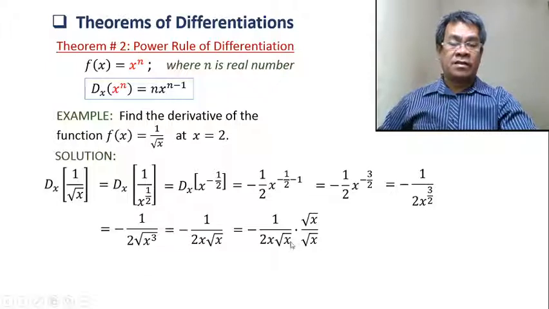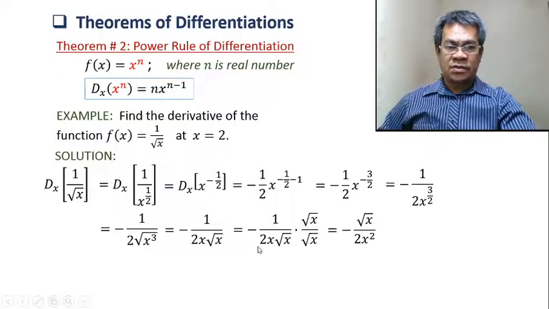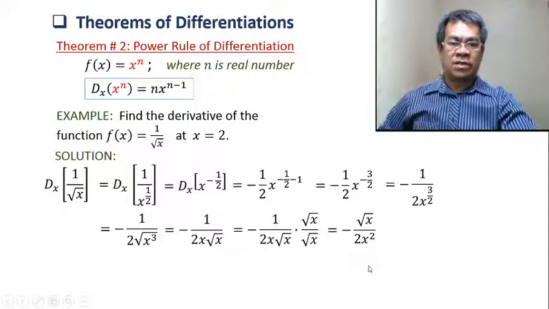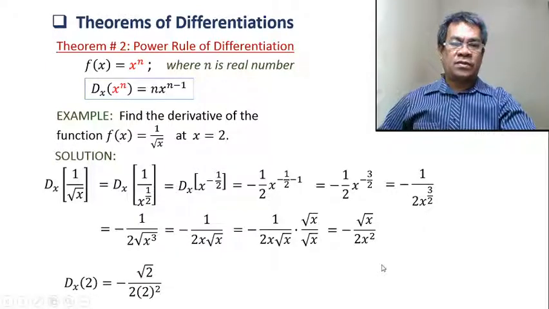So in this process, we are able to eliminate the radical sign. Simplifying, we have 1 times this 1, so we have square root of x over x squared, because x times square root of x times square root of x is x squared also, so 2x squared. So the answer is negative square root of x over 2x squared.